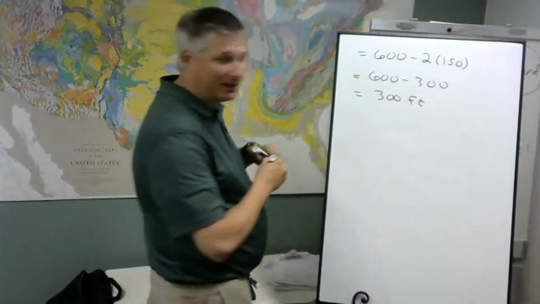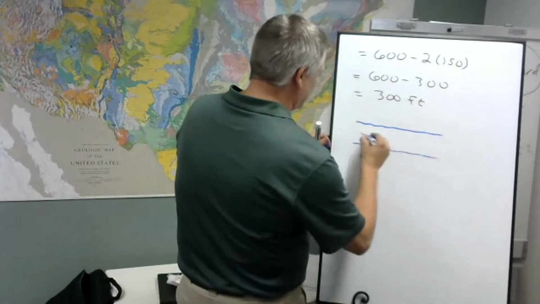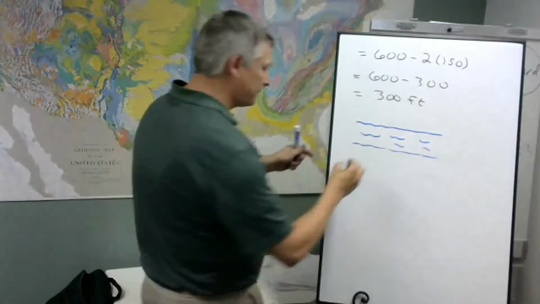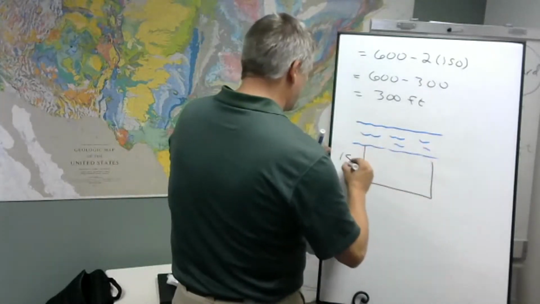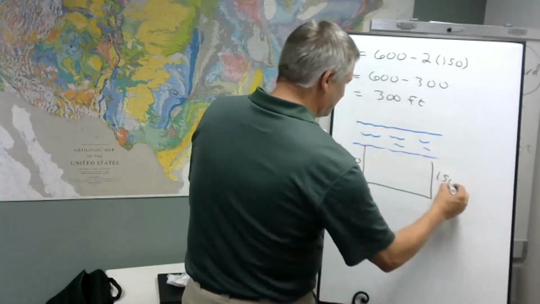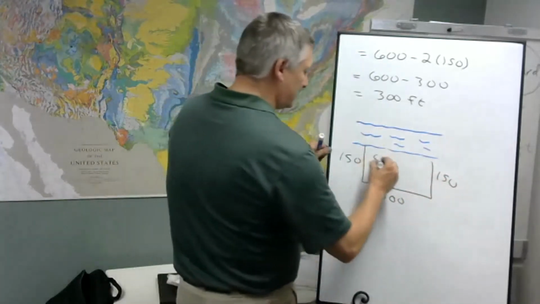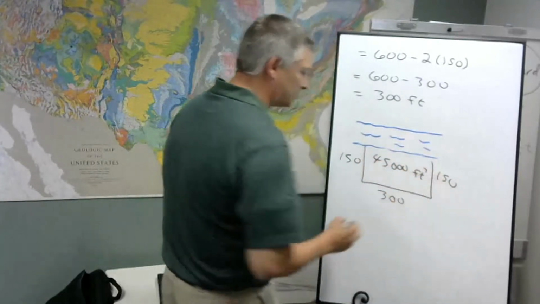So when it's all said and done, the largest garden we can come up with, 150, 150, 300, and this will have an area of 45,000 square feet.